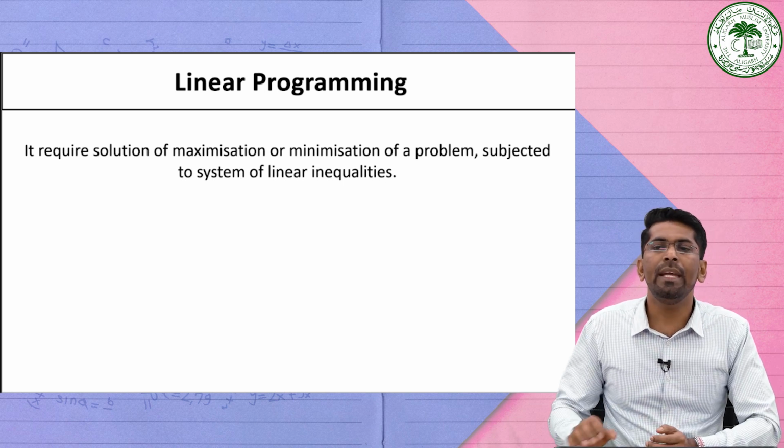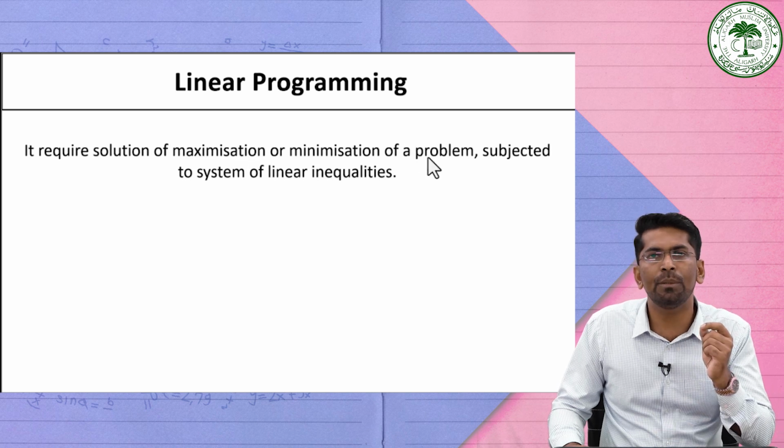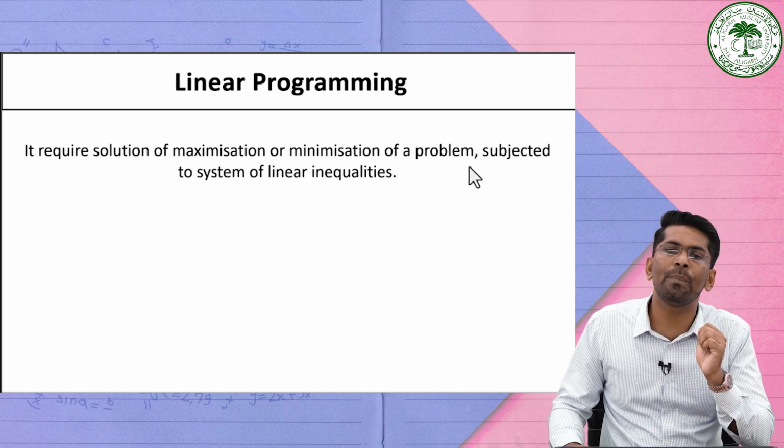It is a mathematical device applied to those problems which require the solution of maximization or minimization of a problem subject to a system of linear inequalities, which are stated in terms of certain variables.